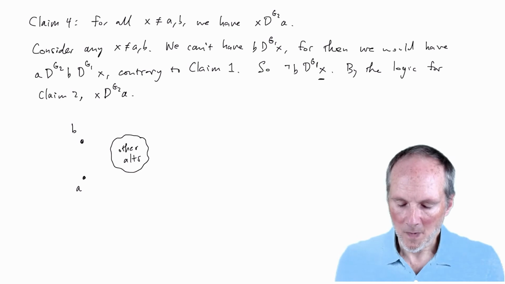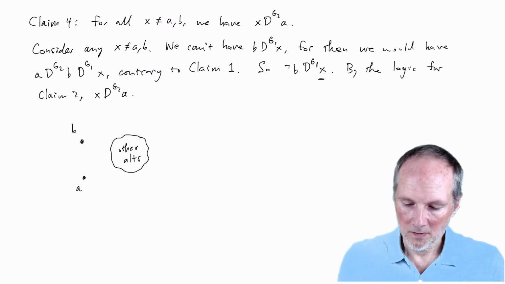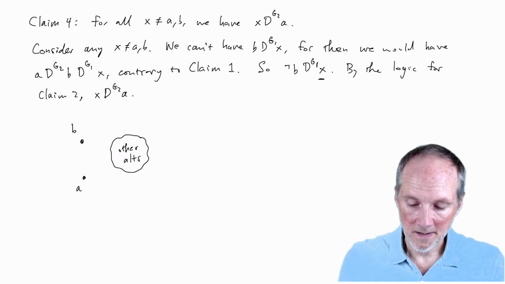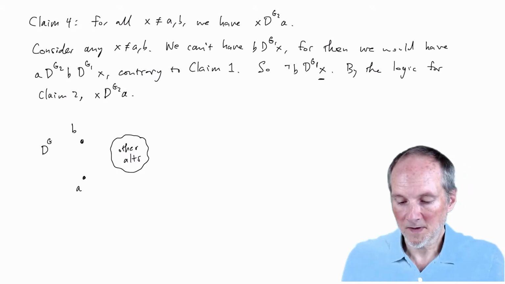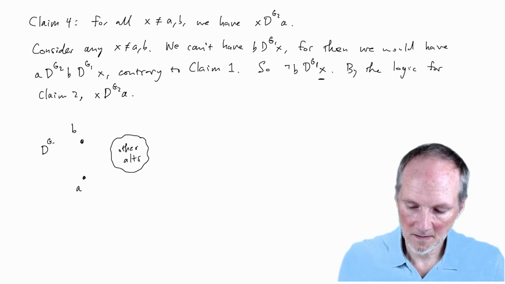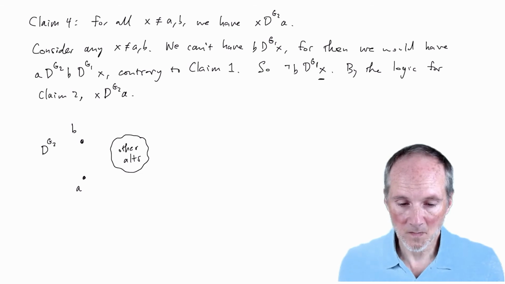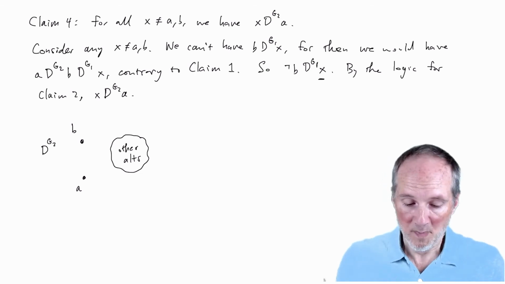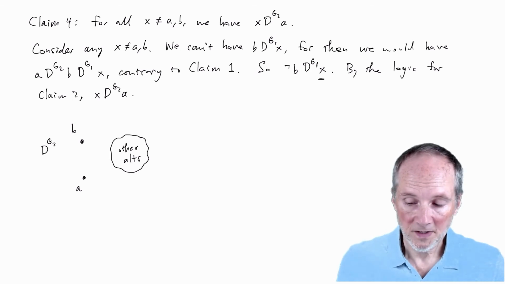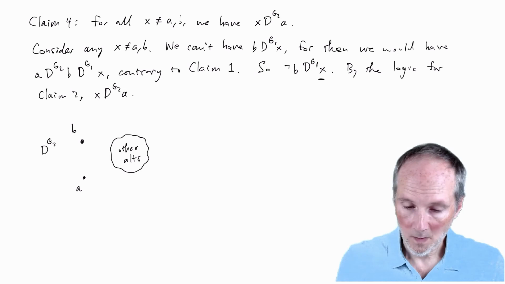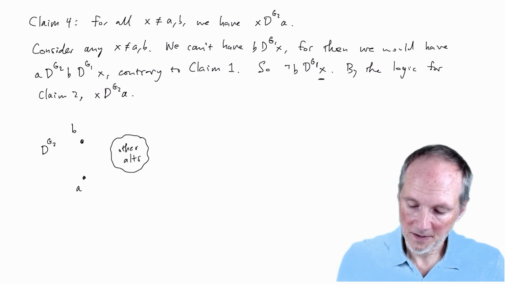Now, I'm not going to depict the whole thing, but I'll show you part of the decisiveness relation for G2. By claim 2, and let me do this in blue, we've shown that for any third alternative, G2 is decisive for B over that alternative, right?